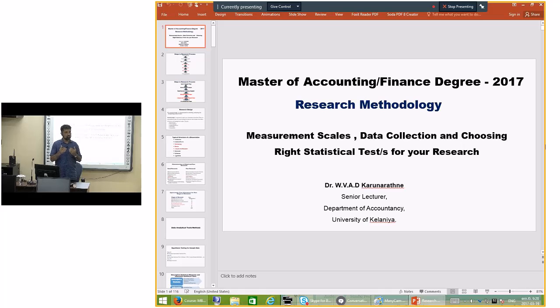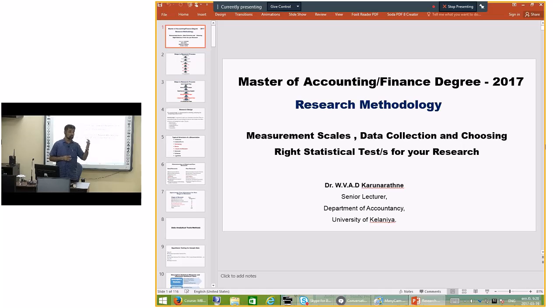We have some criteria to select between parametric and non-parametric. If your data fulfill the parametric assumptions, then you can follow the parametric test. Otherwise, you have to move to the non-parametric test. That is the way of identifying an appropriate statistical test.